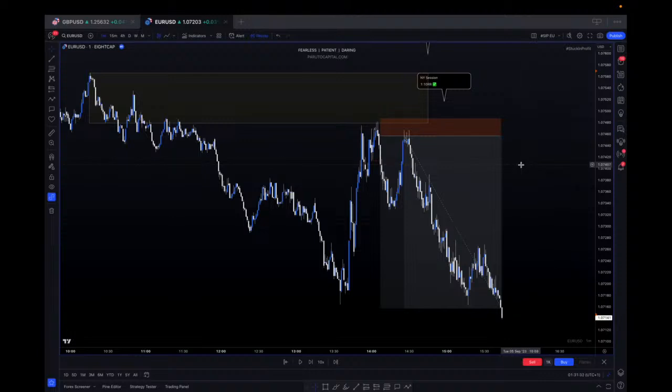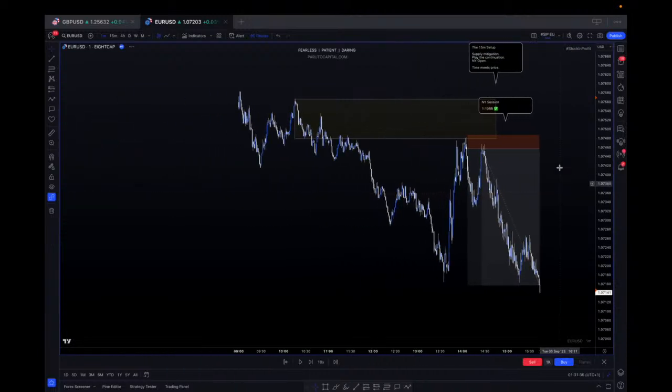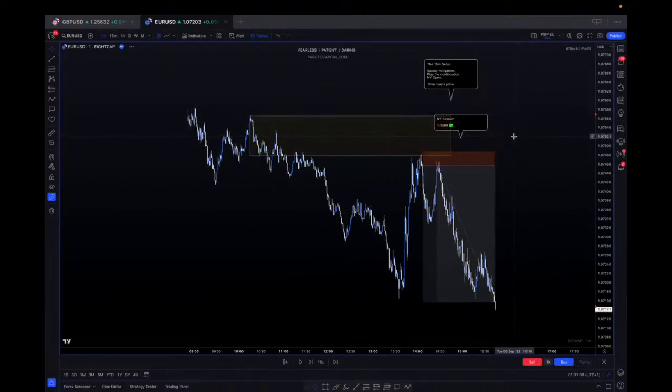So 1 to 10 in the New York session, even after taking the loss from the London session because of the failure of the swing structure. But then the New York session presented opportunity based on the momentum of the market, and that was essentially it. Okay, so I want to believe you've taken a thing or two from this.